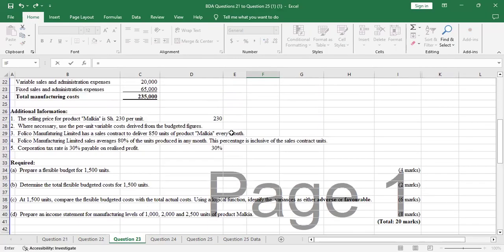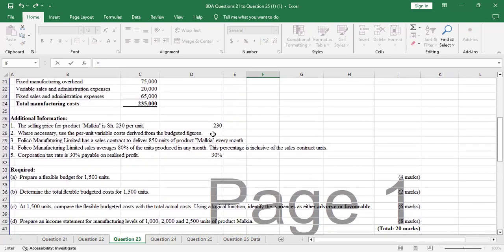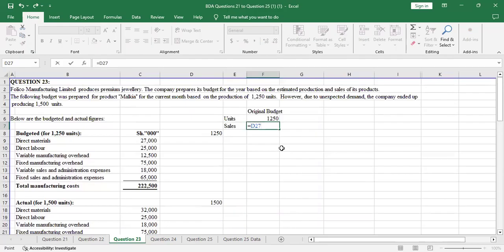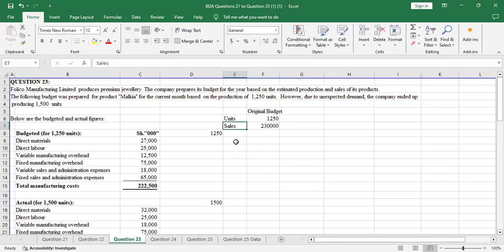The price was 230 per unit, so we multiply 230 by the units produced, times 80%. That's the sales revenue.